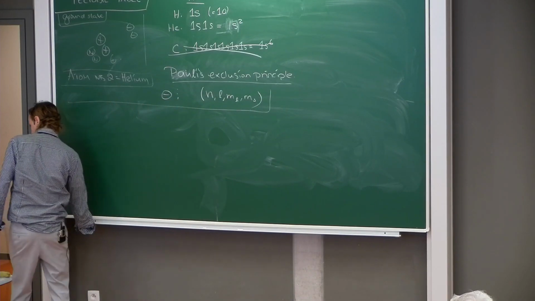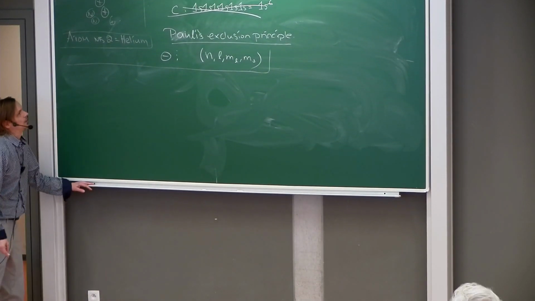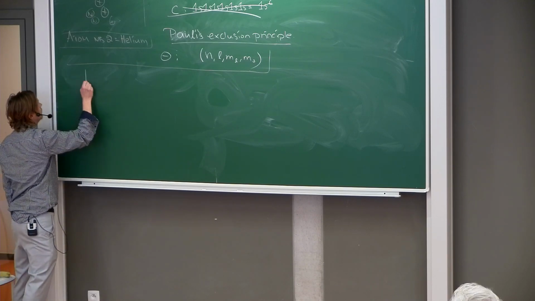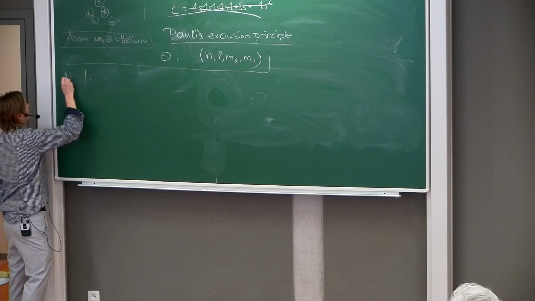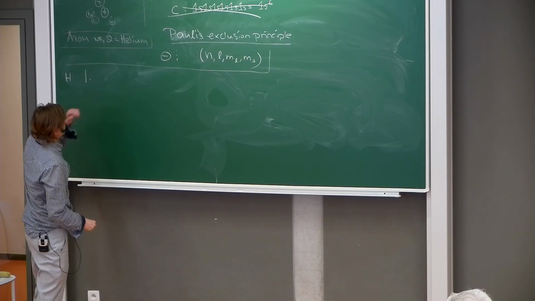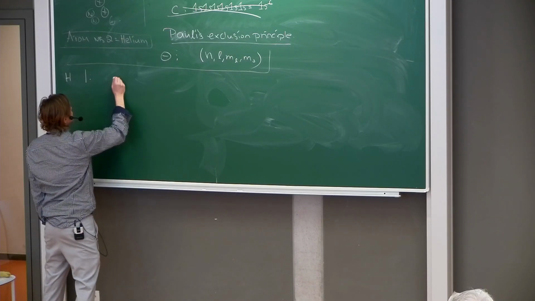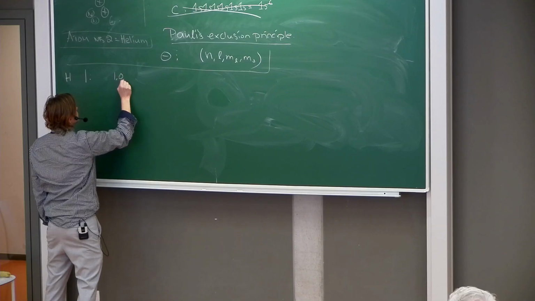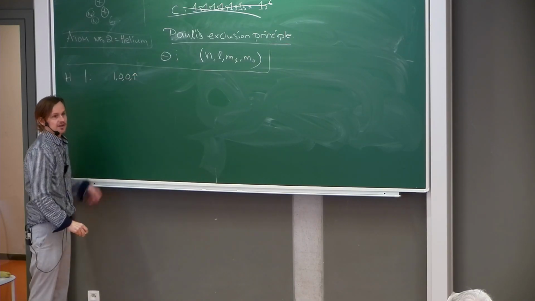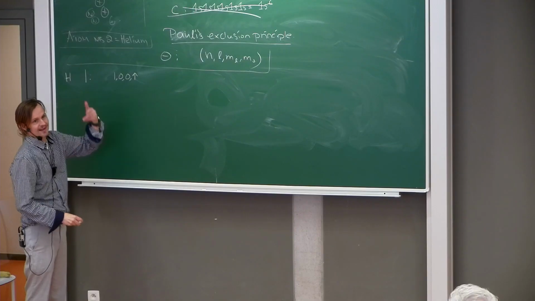So now we can start. Number 1, hydrogen, right? Where do we put it? Well, we're going to put that at 1, 0, 0, spin up. That was our 1, 0, or 1s state.